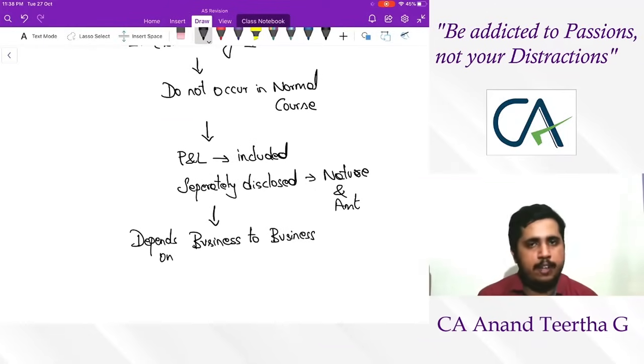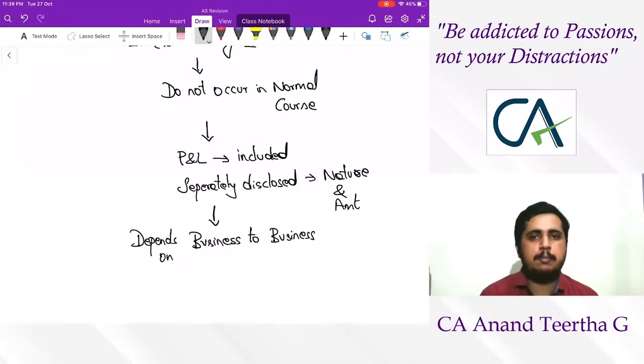If I have to give you an example, for a normal trading concern, natural calamity is an extraordinary item. But for an insurance company, natural calamity is an ordinary item because insurance claims are common for them. For me, collecting the insurance claim is extraordinary because it doesn't happen in the normal course. But for the insurance company, paying the insurance claim is ordinary. It's their principal business, so it's their ordinary item.